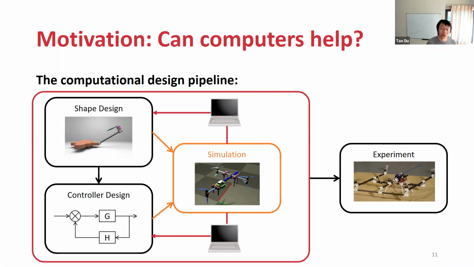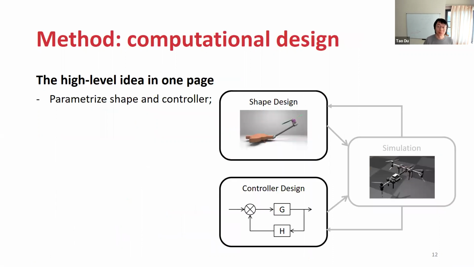This essentially moves the iteration from the outside to the computer itself, and iterations within the computer are going to be much faster and less catastrophic, especially considering that developing aerial robots will typically involve a catastrophic crash in the real world flight test. More specifically, we are leveraging a so-called differentiable simulation tool at the core of our computational design pipeline.